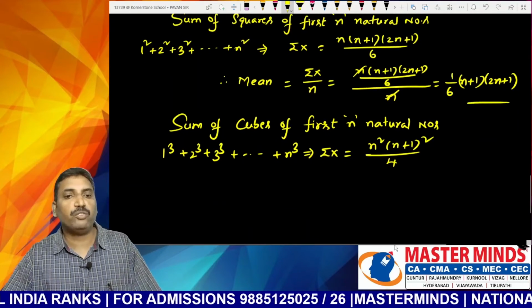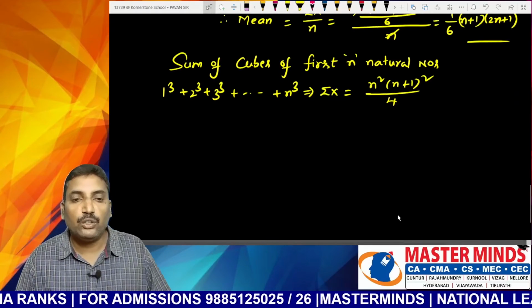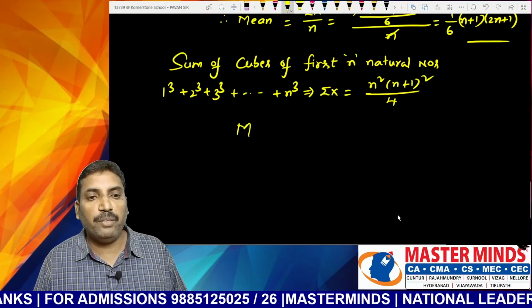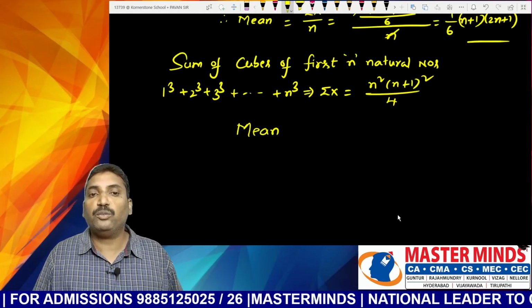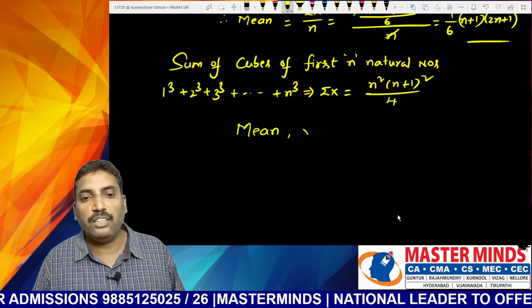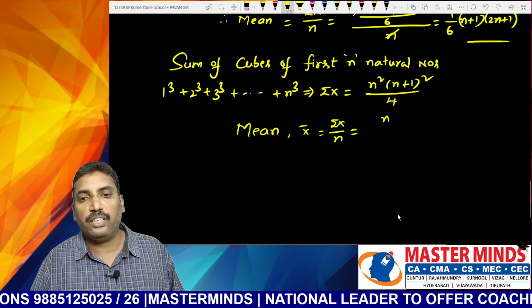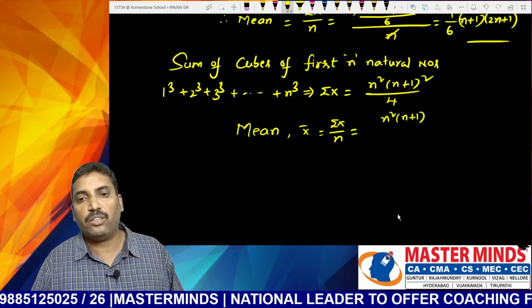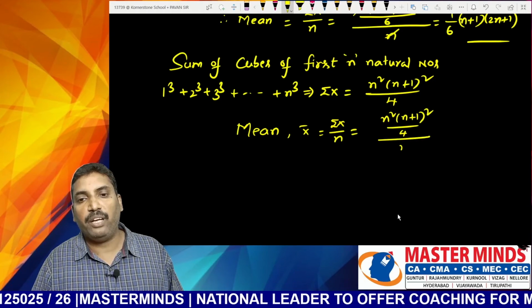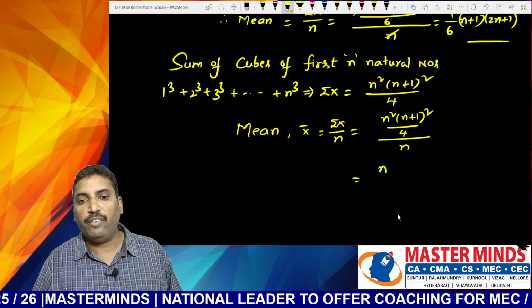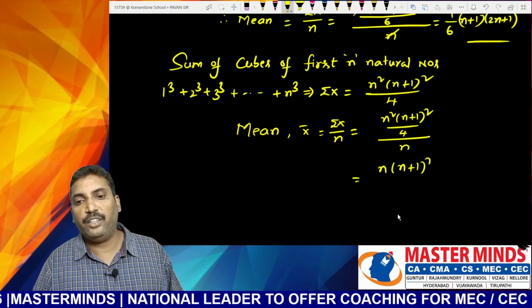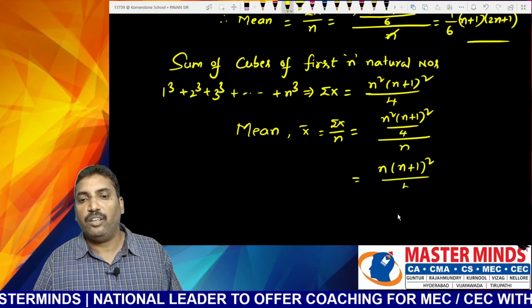That is the sum of cubes of the first n natural numbers. So once you get the sum, we can get the mean of cubes of the first n natural numbers. That is x bar is equal to summation of x by n, that is n square into (n plus 1) whole square by 4 by n. So one n will be cancelled. So finally you will get n into (n plus 1) whole square by 4.